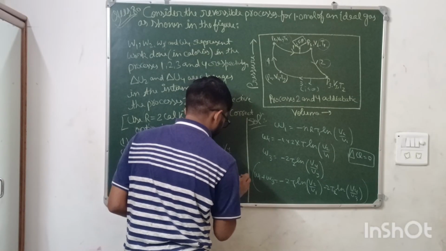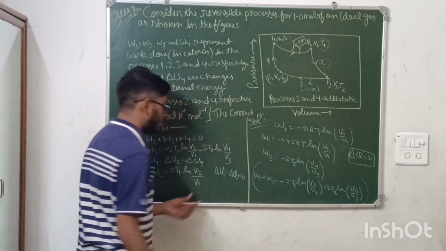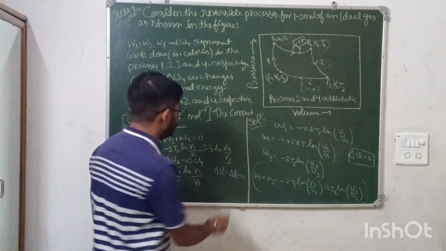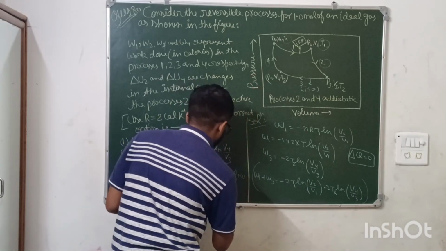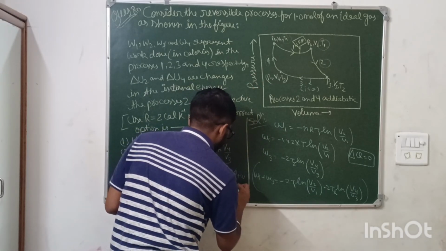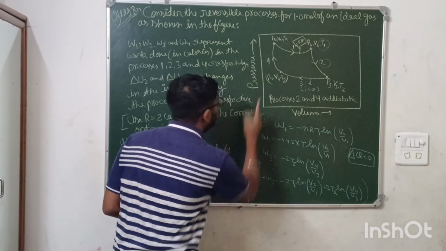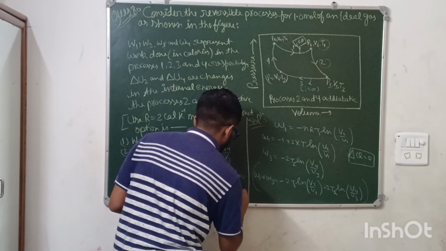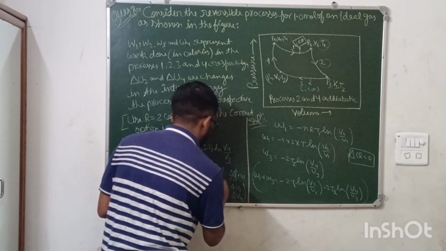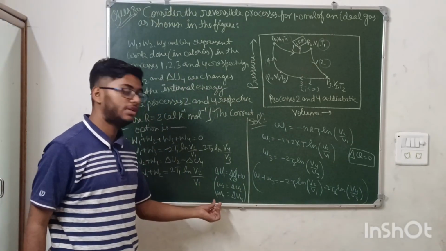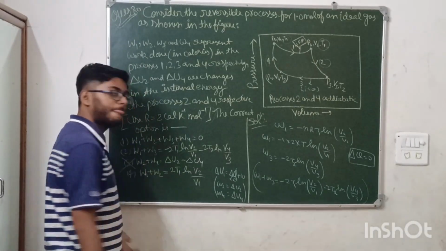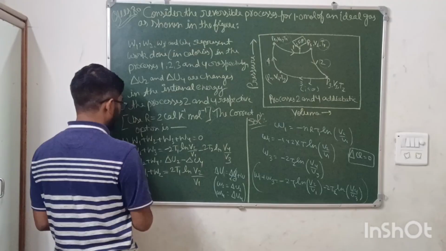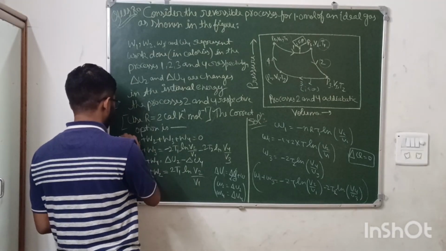Now delta Q is 0, so the work done due to 2 is delta U2 and the work done due to 4 is delta U4. If you add these, W2 plus W4 is delta U2 plus delta U4. Option number third is not matching, option number 4 is also not, so option number second is the answer for this question.